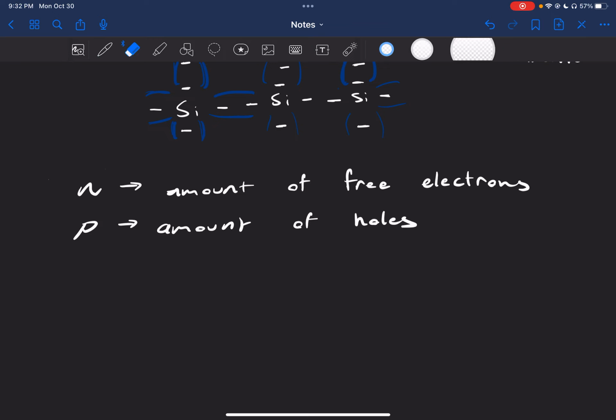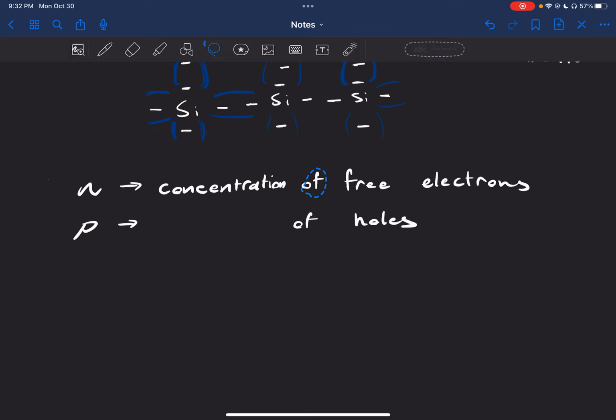But really not the amount, we refer to it as the concentration. So n is the concentration of free electrons and p is the concentration of holes.